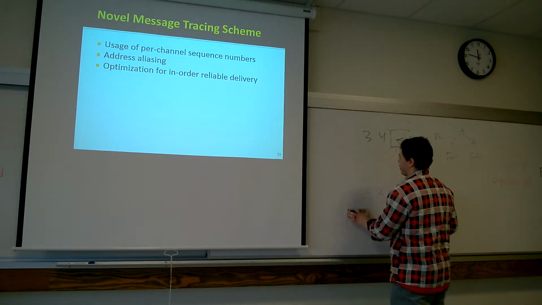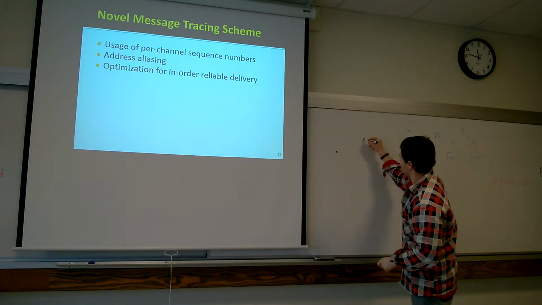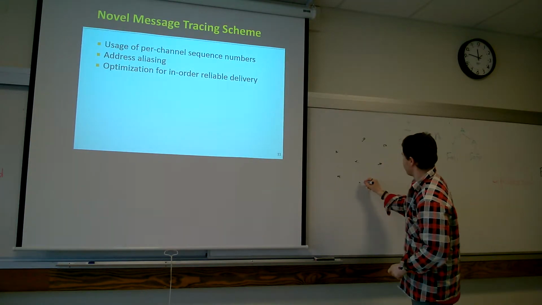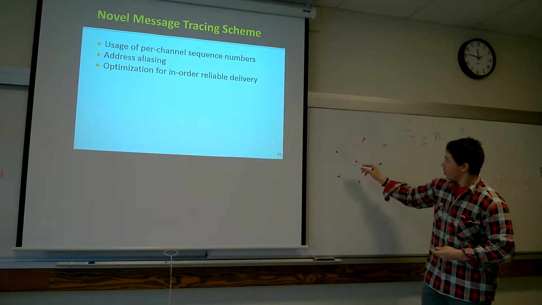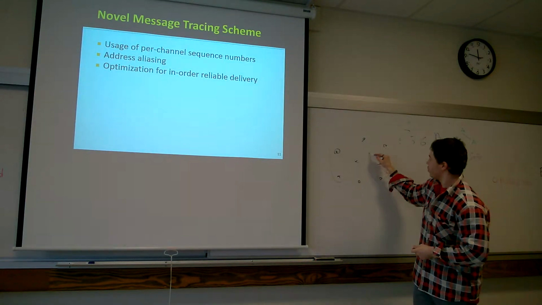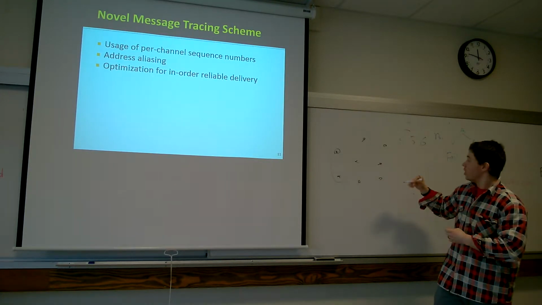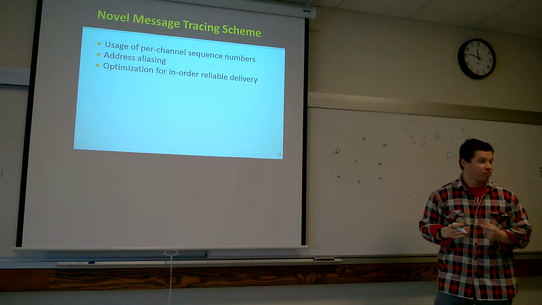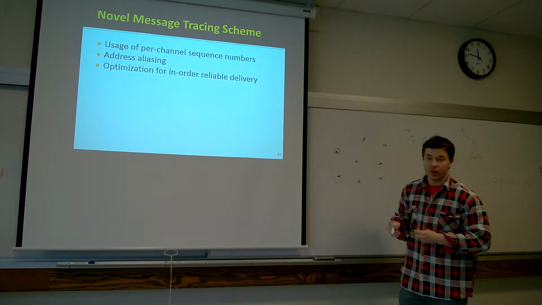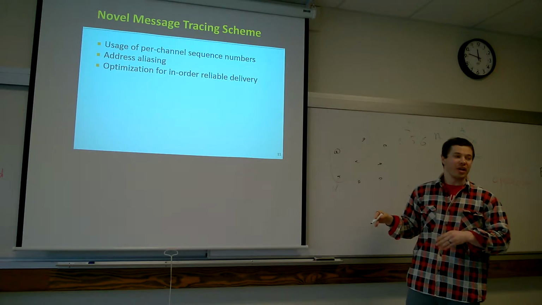I guess we can illustrate it very nicely. Let's say we have a node with some scheme. This node will talk to its neighbors. It won't talk to all of the nodes in the network. Therefore, for this particular node, we can create aliases instead of using the full IP address.